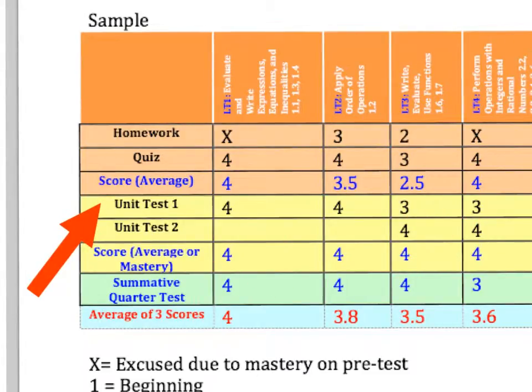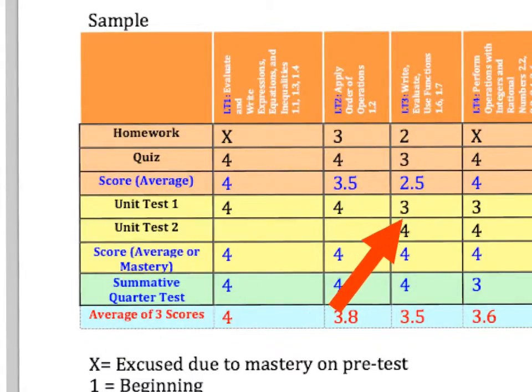After a unit is completed, students take a unit test. And in this case, the student also scored mastery on Learning Target 1, Learning Target 2, but they did not master it for Learning Target 3. When a student does not show mastery on the unit test, they will again be tested on unit test 2 for that learning target.